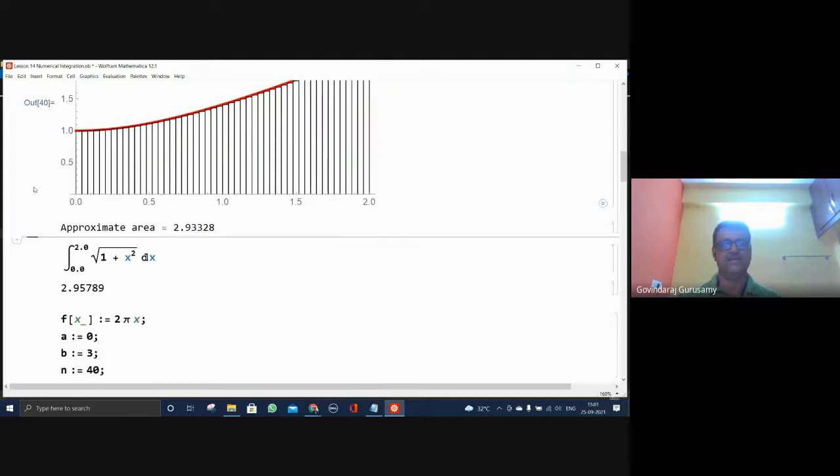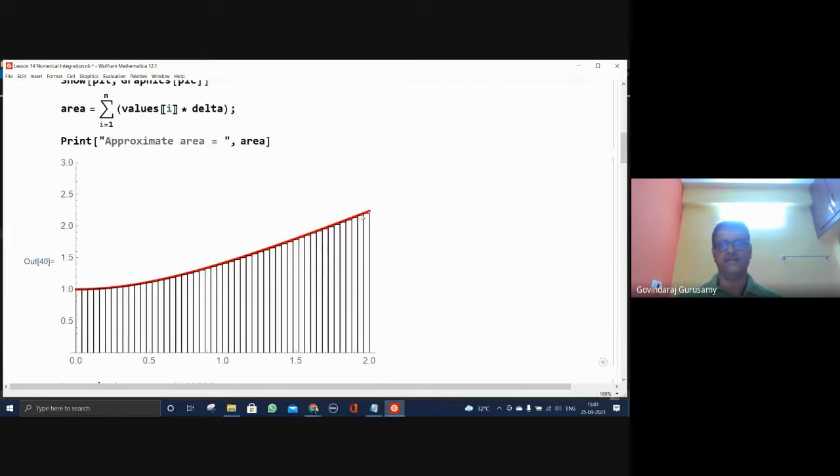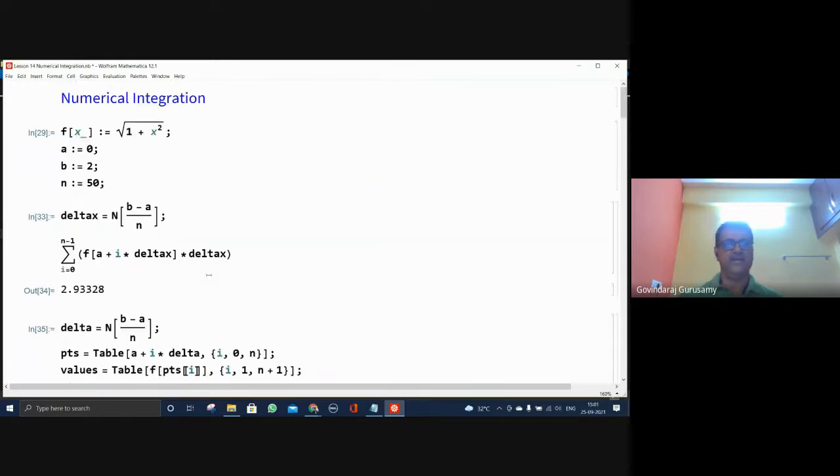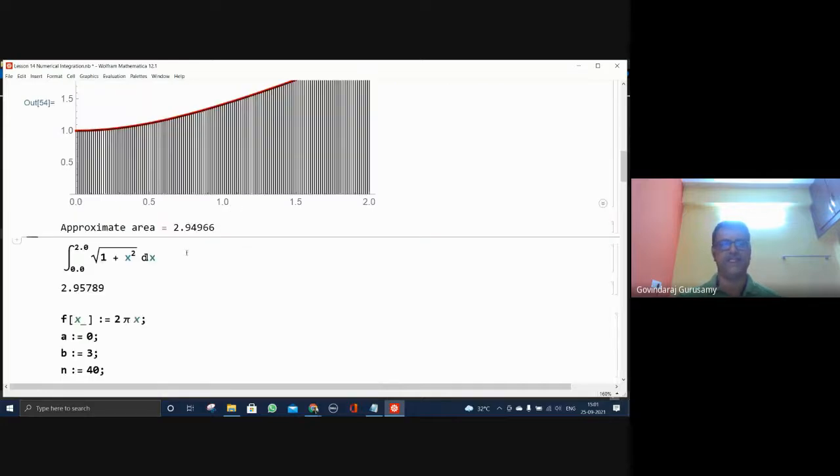Yeah, see here. Very, very minute contributions here. 2.933 is 2.9. This is second decimal even. This is also high. Okay. Now, 2.9 is almost 2.9.